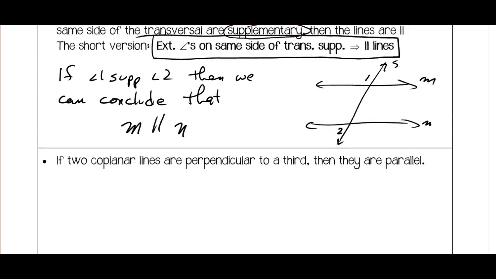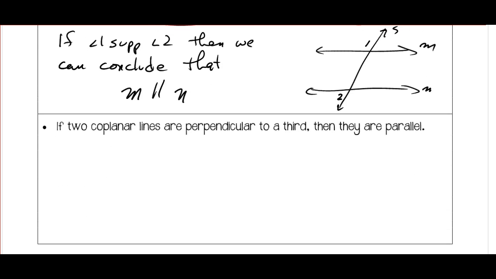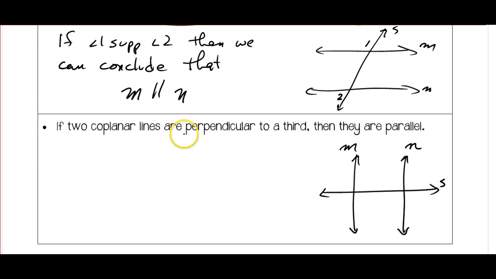Alright, and then we have one more. If two coplanar lines, now we need to specify that the lines are all on the same plane, because it doesn't work if they're not all on the same flat surface. If two coplanar lines are perpendicular to a third, then they are parallel. So for this one, here I've got lines M and N, and here I've got a transversal S. So two coplanar lines are both perpendicular to a third.